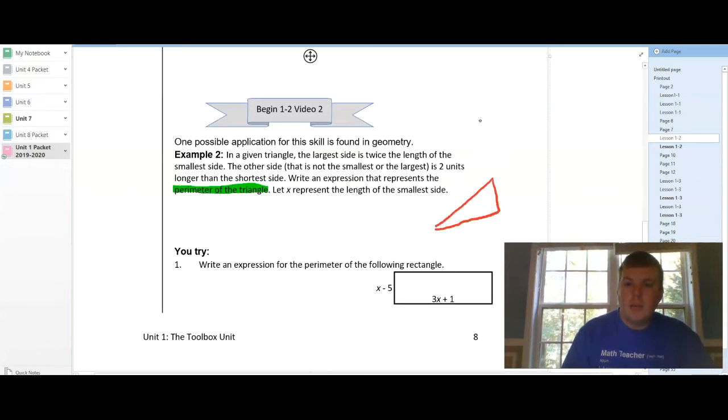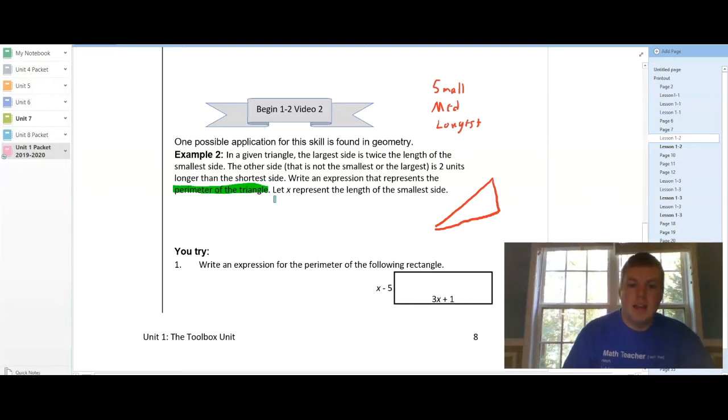I'm also going to draw off to the side a little brainstorming place where we can talk about this information. We know we have a smallest side, a medium side, and a longest side. And it gives us a very important piece of information that we can use to help us out with this problem.